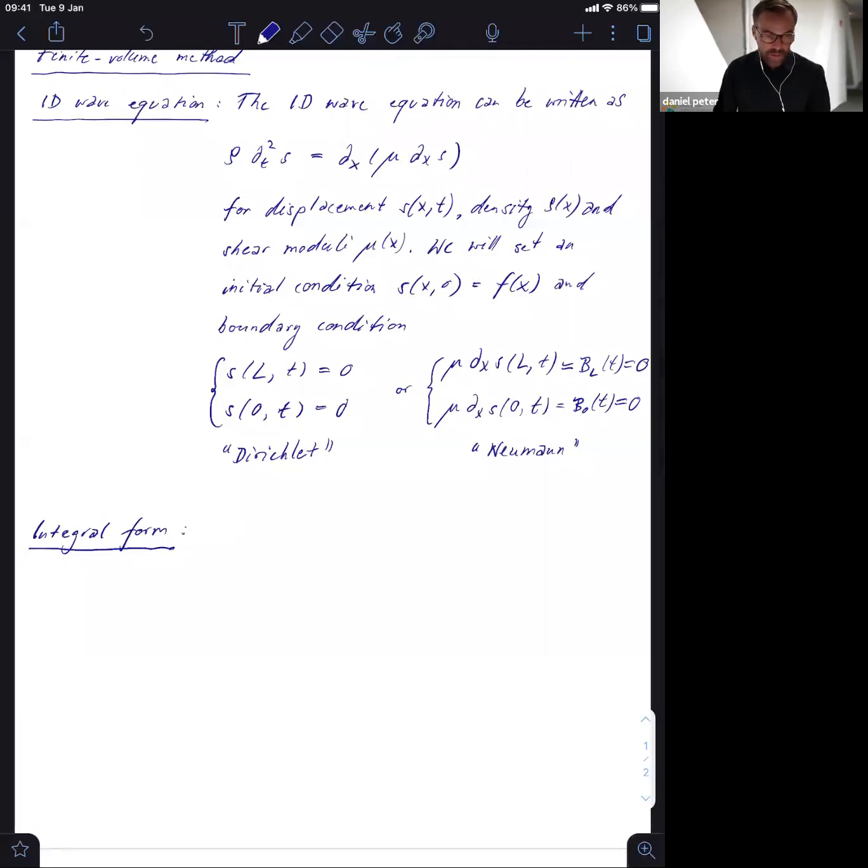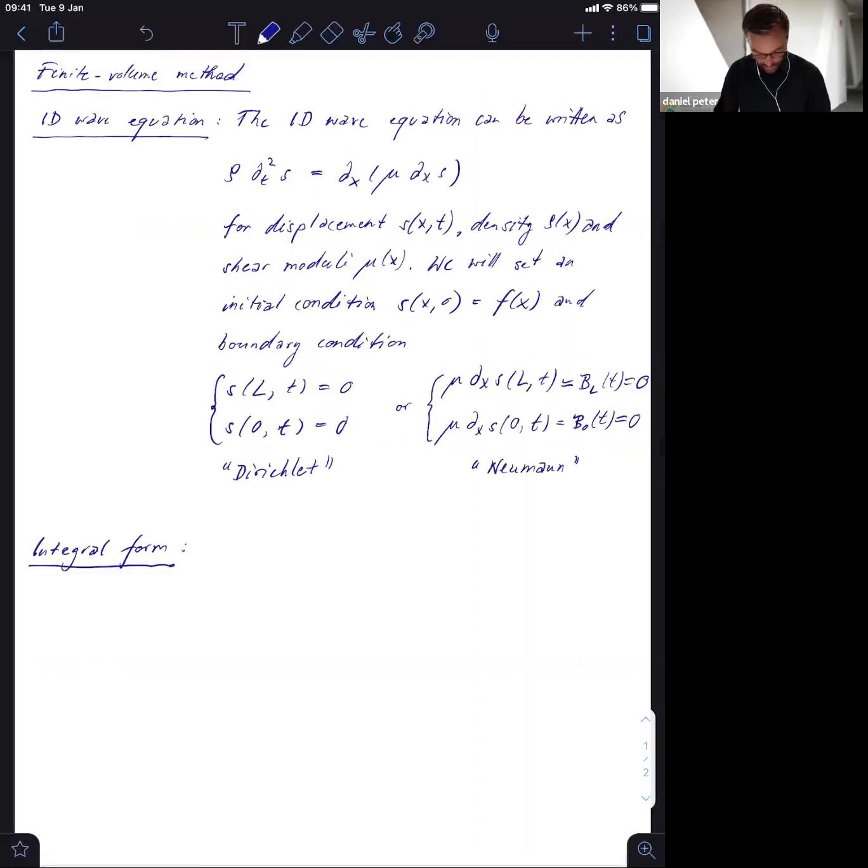First let me show you how the approach works, for example, in the books from Randall LeVeque or from Heiner Igel, where we look at first order PDEs. They start with this first way of looking at it to solve it.